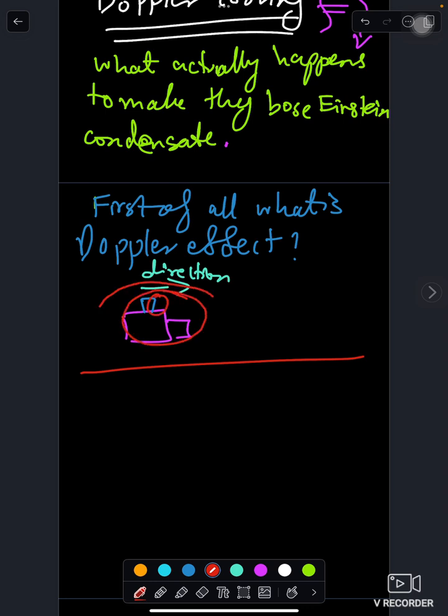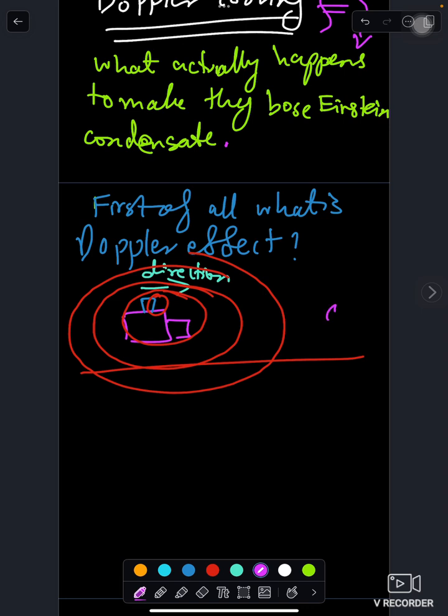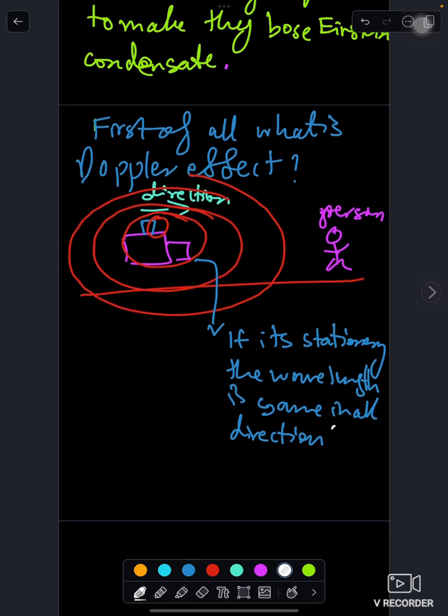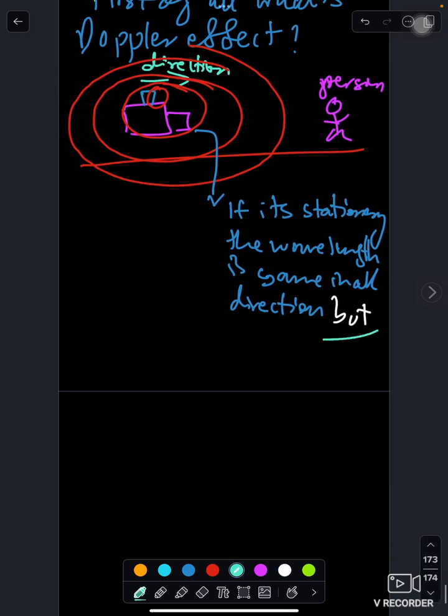It will make a wave, it will make a sound. This is how the sound will be. This is a person. If it's stationary, the wavelength is the same in all directions.